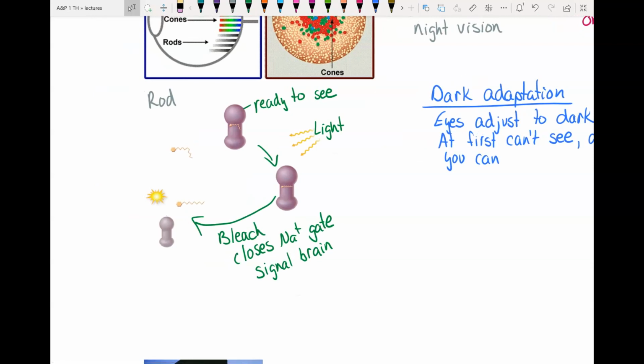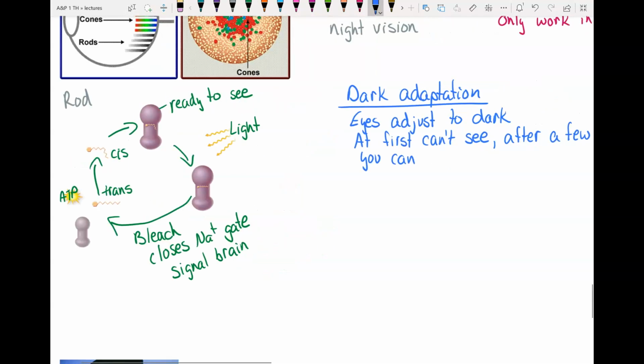Okay, then you have to regenerate. This is where you use ATP to convert that retinol from trans back to cis, and then you're ready to go again. In rods, this regeneration process is slow. So rods are slow to regenerate. So remember that strobe light? In rods, it takes a long time between flashes.